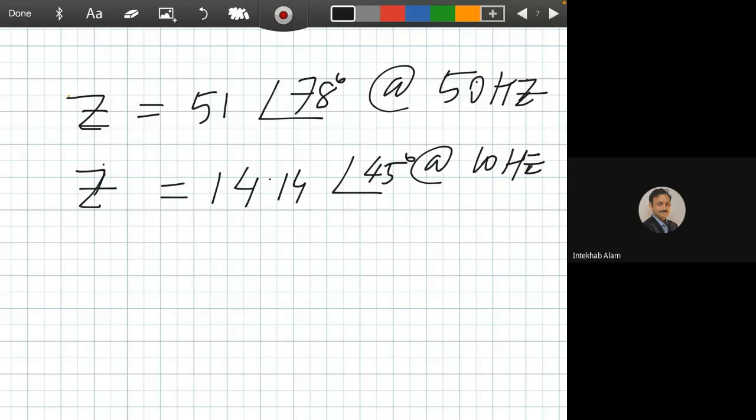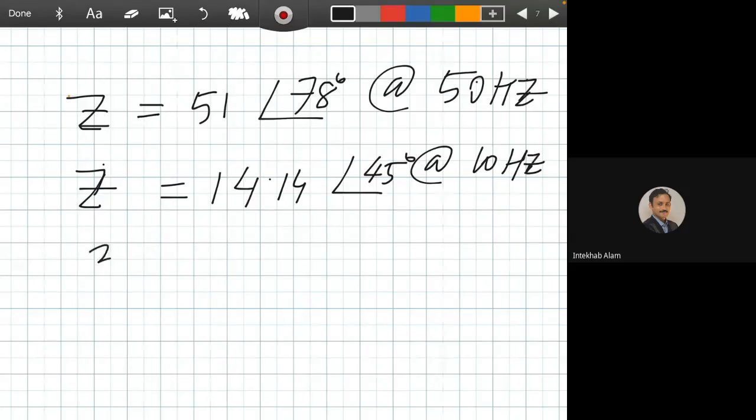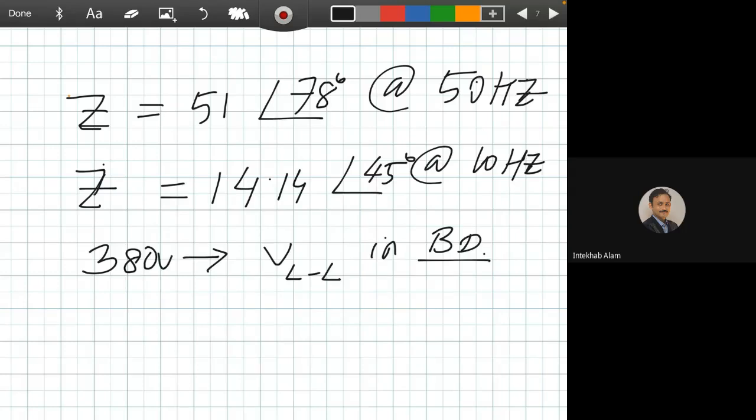Okay, so do you have any question regarding these points? So if the input voltage is 380 volt, it is the line to line voltage in Bangladesh. If it is 380 volt, then what is the current at 50 hertz, and at 10 hertz?